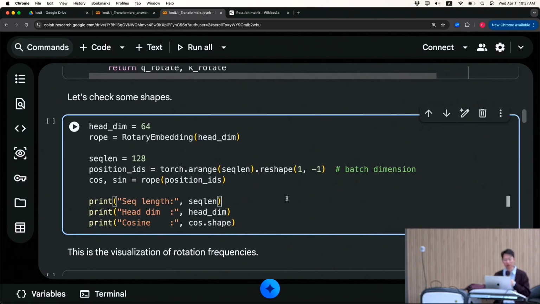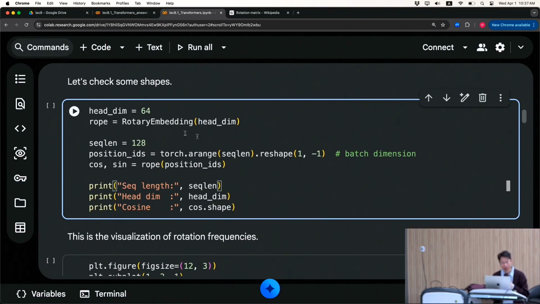And when you finish implementing, we're going to do some testing. We're going to create a RoPE with head dimension 64, and we're going to supply positional indices from outside. So it's just numbers 0, 1, 2, 3, etc. Consecutive numbers, which are supposed to indicate the location of the token in the given sentence.